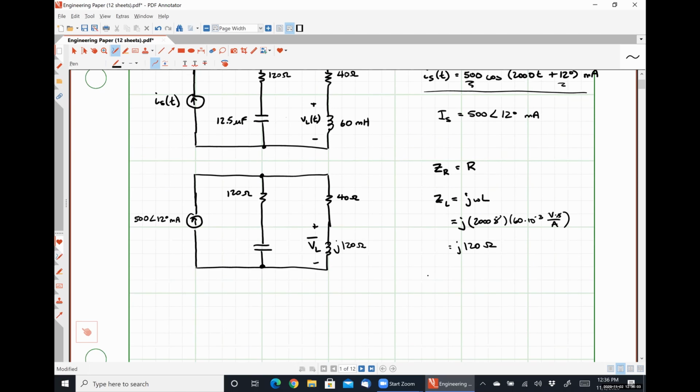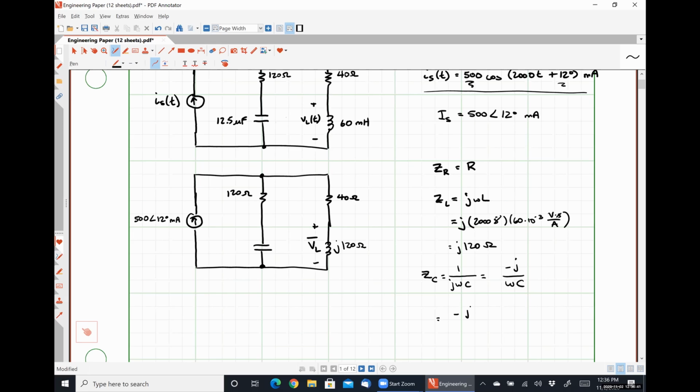Lastly, we have to take into account the impedance of our capacitor, which can be expressed in one of two ways, either 1 divided by J omega C or negative J divided by omega C. Those represent the exact same thing because 1 over J is the exact same thing as negative J, when we talked about that in our complex number lecture.